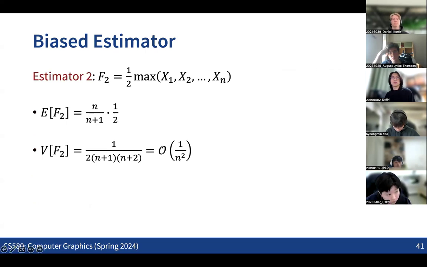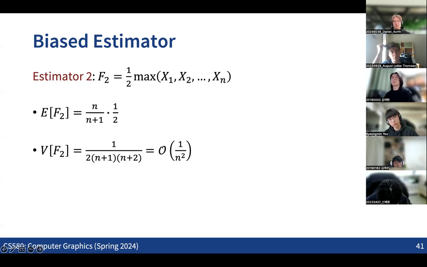What we can see is that the expected value of this estimator becomes 1/2 times n over n plus 1. This means that when the number of samples is small, we get an expected value smaller than the true value. But when we increase the number of samples to infinity, this estimator will also converge to the right value.